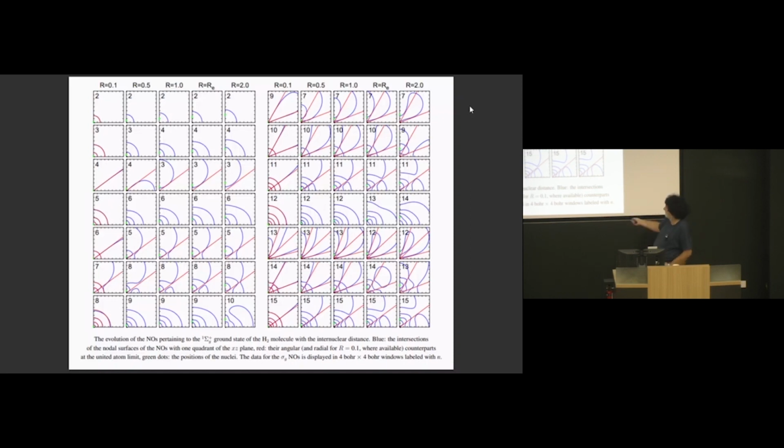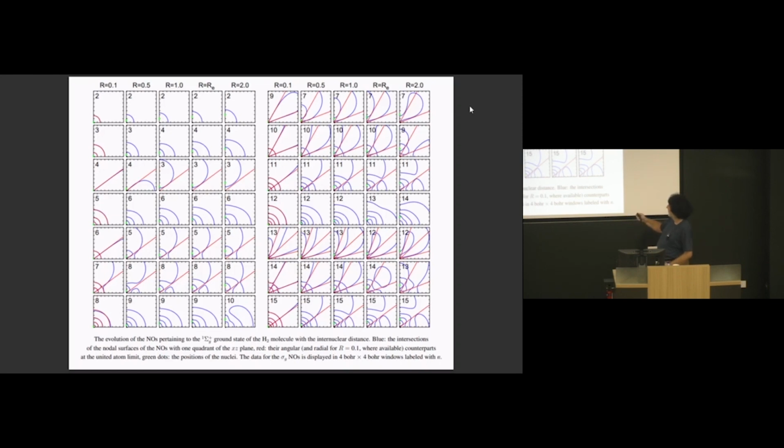Intersections with, let's say, the XZ plane; it doesn't matter which plane I pick. In the case of helium, you would just have those things which come from radial nodes, and also those which come from the fact that those orbitals are multiplied by spherical harmonics, which have nodes in different directions.